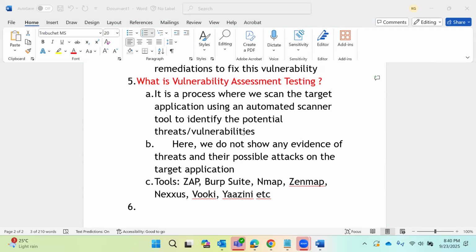So I have to trust the scanner and the report generated by it. If I tell the doctor, show me the proof that this is what is in my body, the doctor says, okay, then I have to operate on you, take a picture, and show it to you. So that process of getting the scanning done is called vulnerability assessment testing. Any questions, guys, on what vulnerability assessment testing is and the points I have written here?